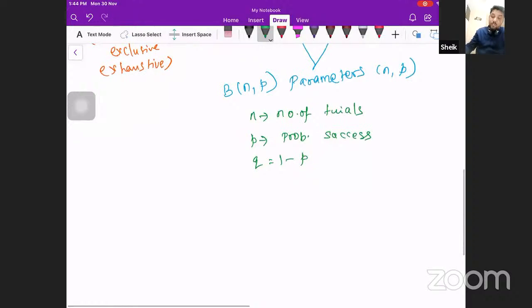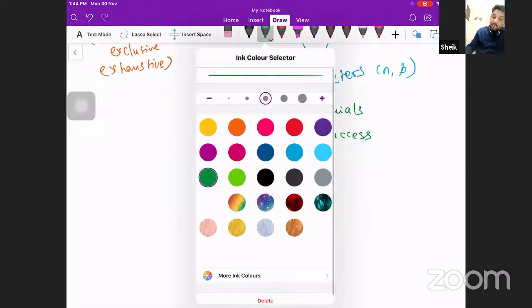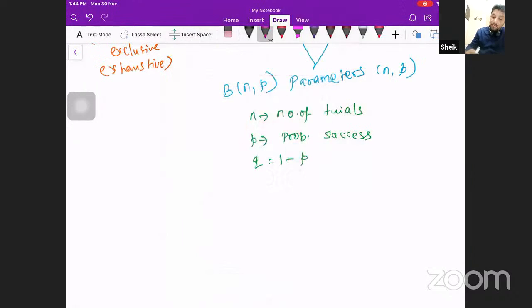Now here is another important point to remember. The mean of a binomial distribution is nothing but np, and the variance of a binomial distribution is npq.